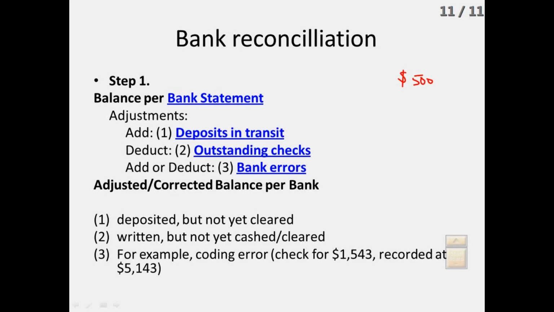So companies need to make sure that they're keeping track of how much money they actually have in their bank account, because you don't want to write checks on money that's not there. Not only because it annoys people and they have a $35 charge, but they're not going to do business with you anymore if you write checks that aren't good. Your bank doesn't know what's going on in your checkbook.